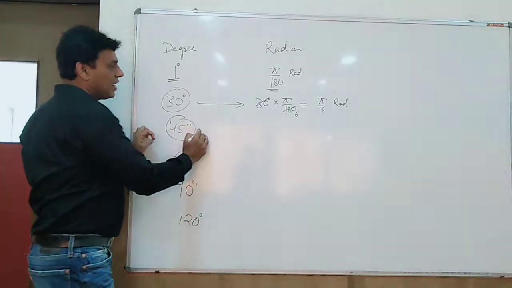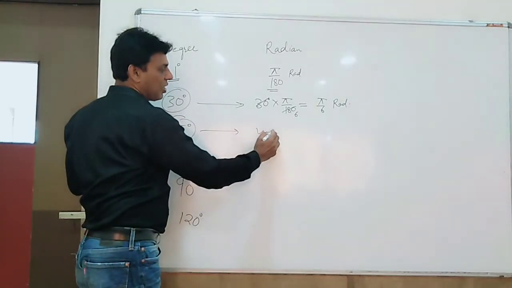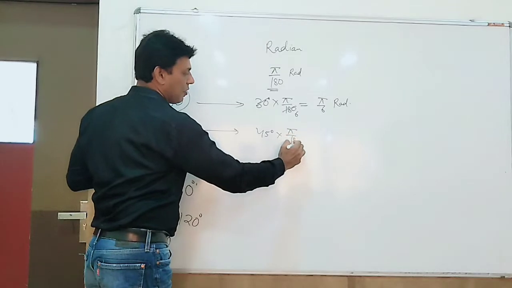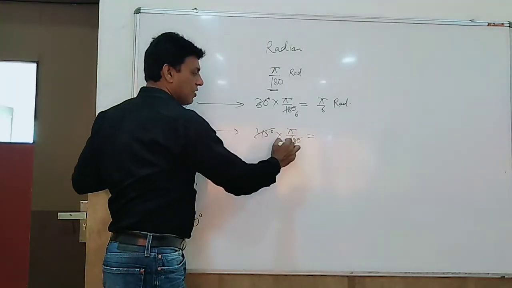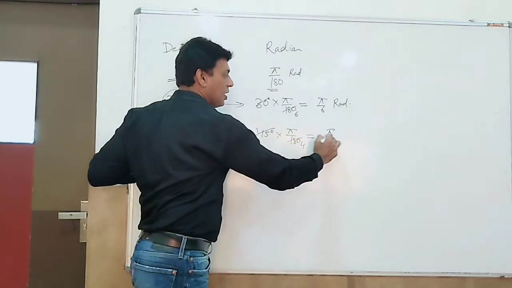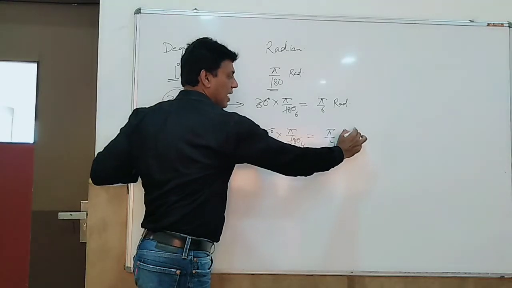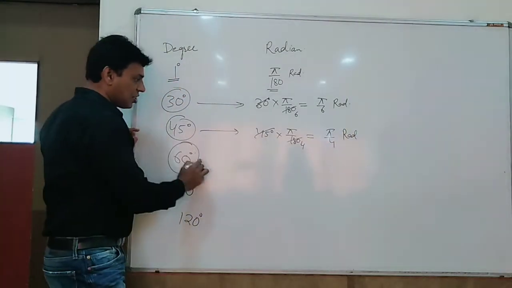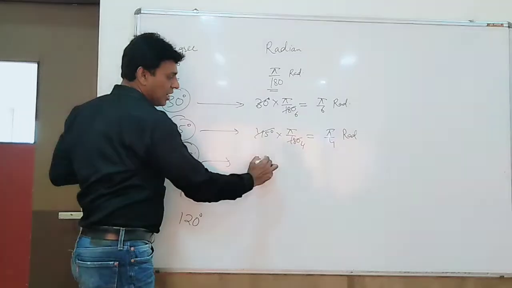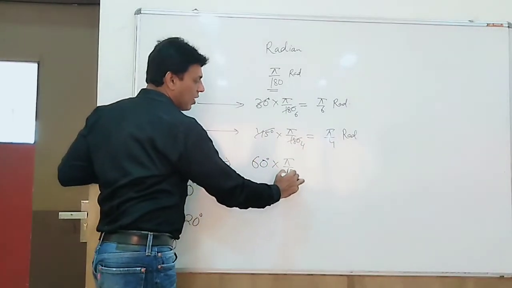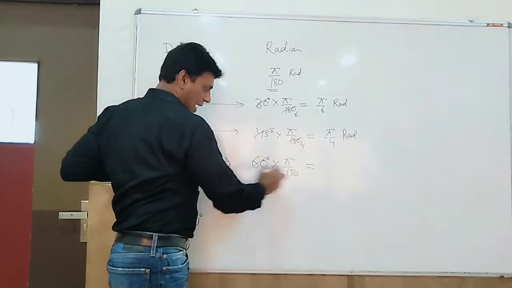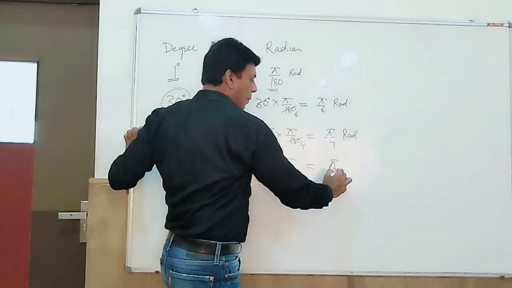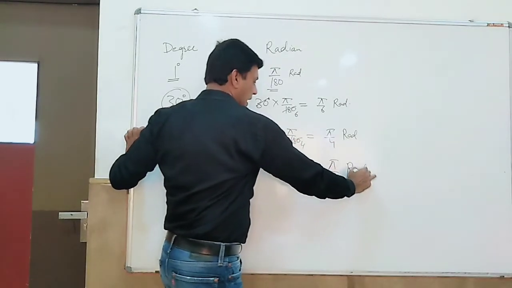Similarly 45 degrees. 45 degree into pi upon 180, it will cancel 4 times. So you will have pi by 4 radian. Similarly 60 degree into pi upon 180, cancel, so you will have pi by 3 radian.